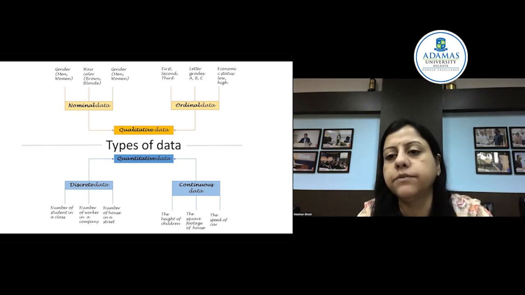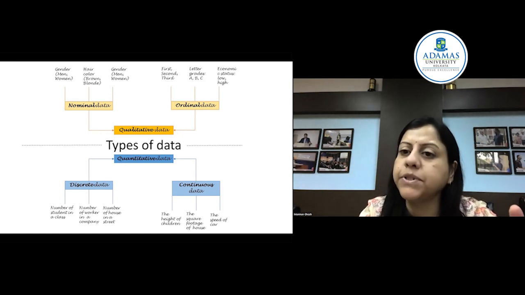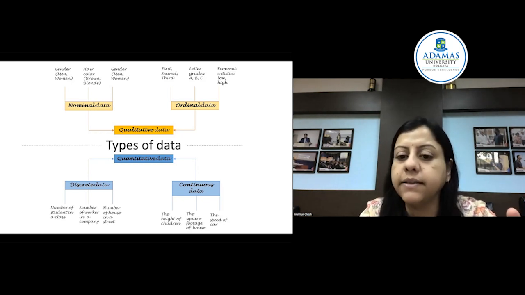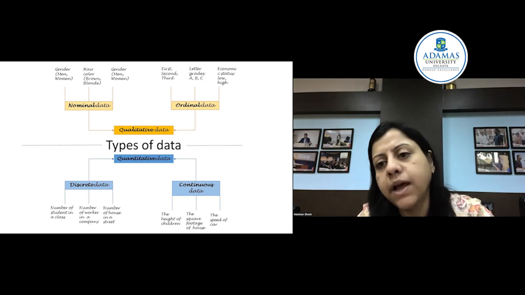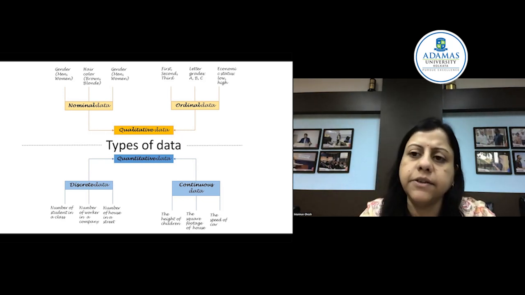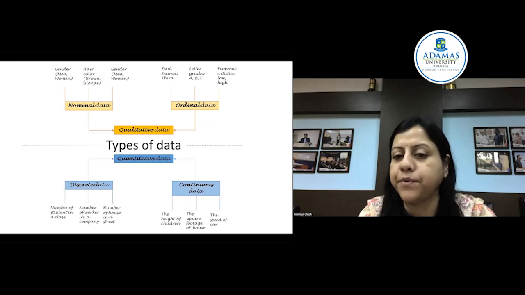So if you have gender, color, identity, different notions, or age, there we have to capture it by converting the data into certain codes. But in the examples that I've given, height, weight, temperature, speed of the car, and the number of people in an organization, by virtue of their characteristics, they are quantitative. You do not have to code them.